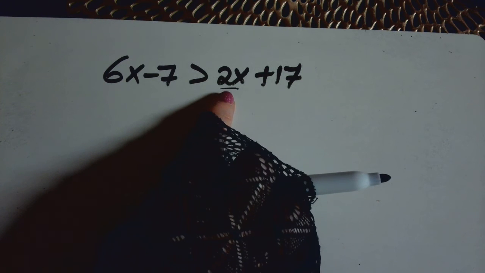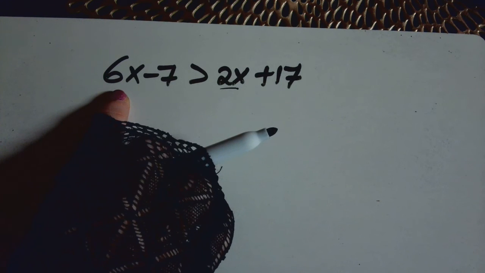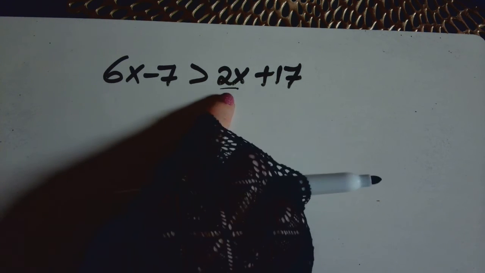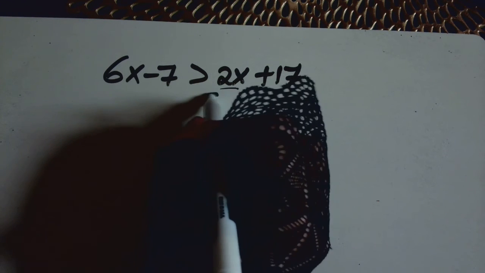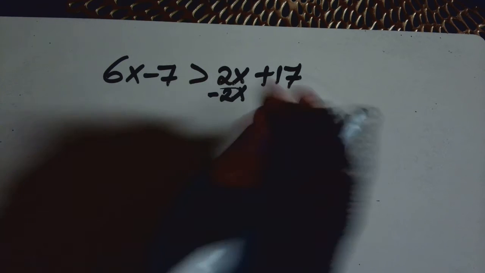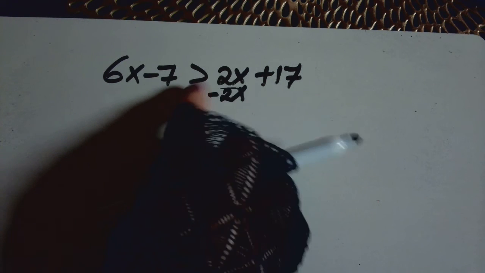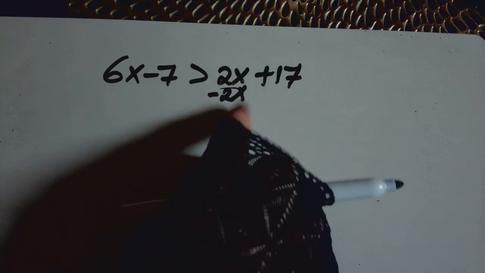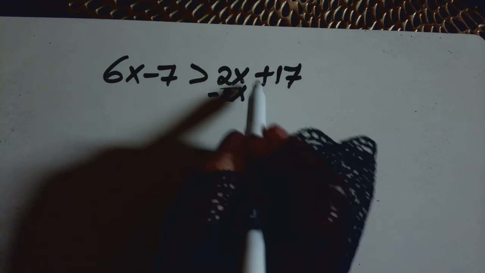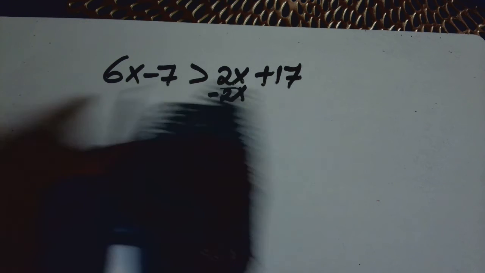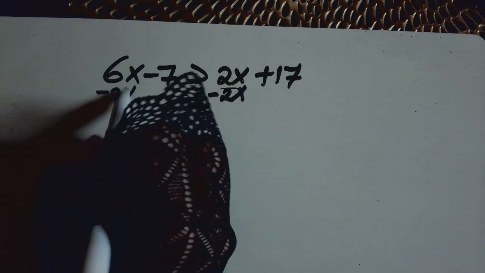So I prefer to subtract 2x from 6x rather than subtract 6x from 2x, which will make a negative and make more work. So I'm going to go minus 2x. So this is the inequality. You can almost think about it as an equal sign. So once it goes across that inequality and you take the whole thing across, you have to change the sign. So that means I'm going to subtract 2x here.